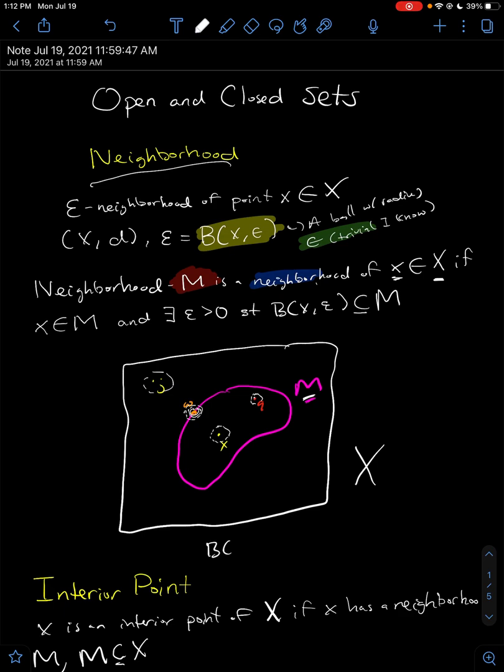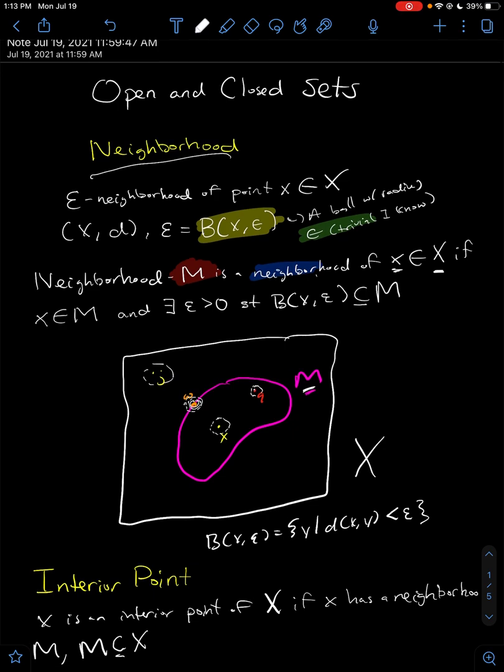Remember that a ball is defined this way: the ball will always contain the center, but it always has to contain more than the center, since for any arbitrarily small epsilon you have, there are going to be other points still in the ball set, and epsilon can't be 0.